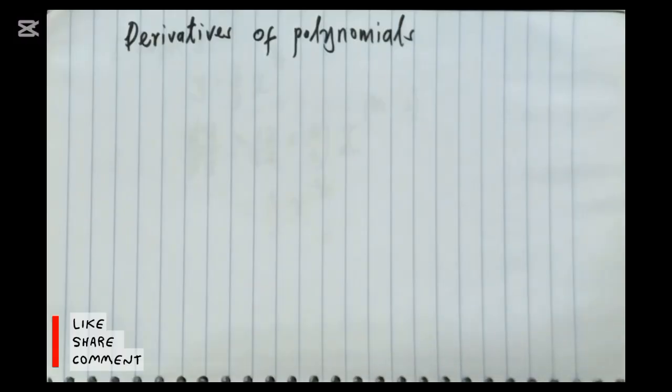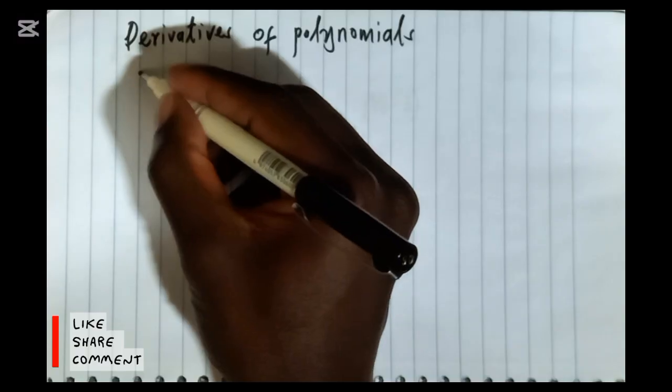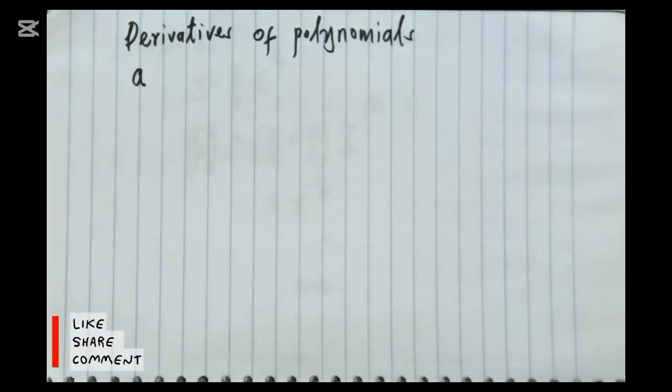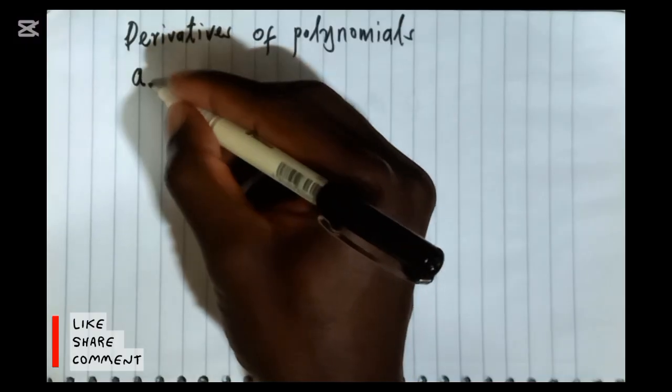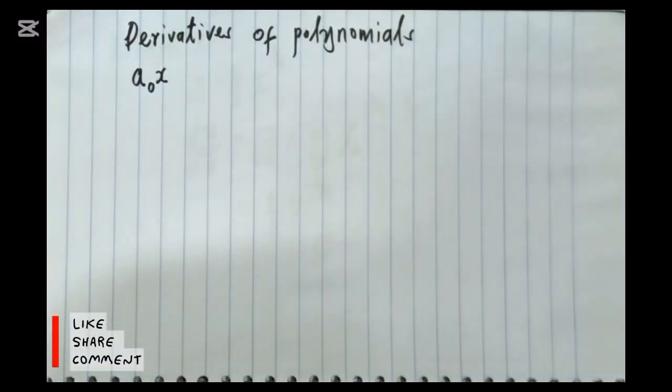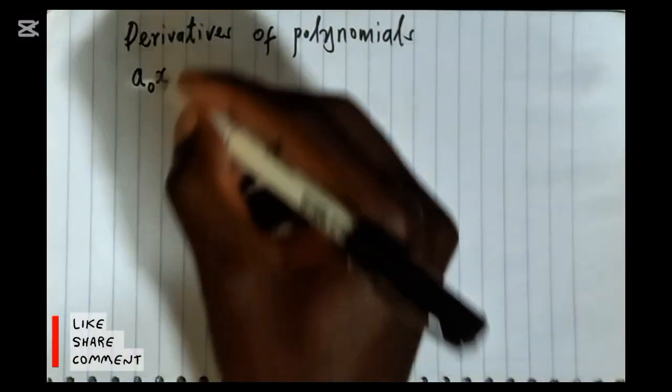Basically, in mathematics, we define polynomials as any expression, let's say using the variable x, that takes on the form of a, our coefficient, and our variable x raised to n.